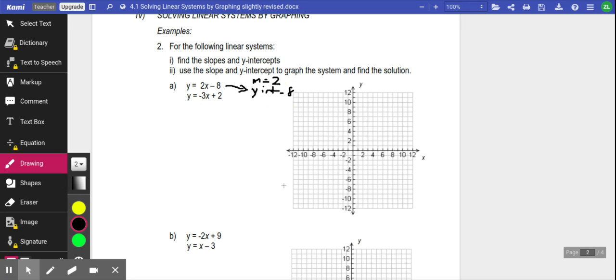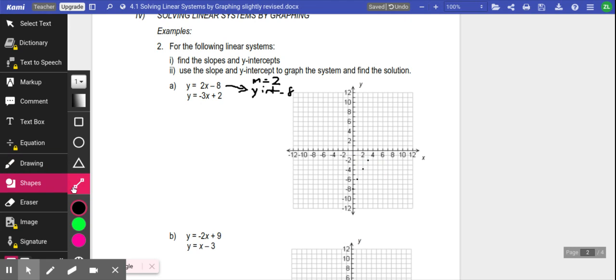So I've got a point at negative 8, and a slope of 2, so a rise of 2 and over 1, 2 and over 1, 2 and over 1. I'm going to connect it with a line.